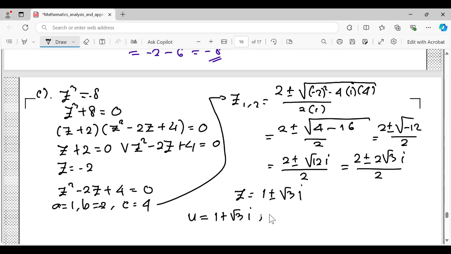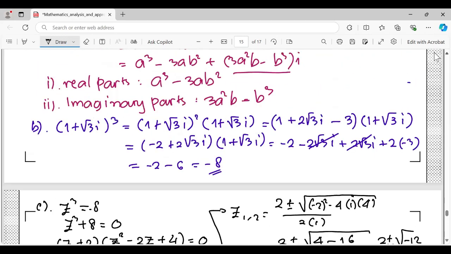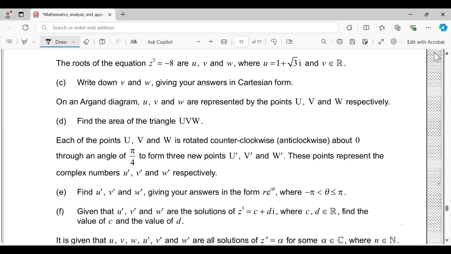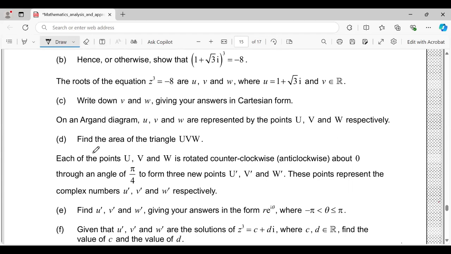Okay. And that v equals minus 2. Okay. And then w equals 1 minus square root 3 i. Okay. That are u, v, and w. Find the area of the triangle.